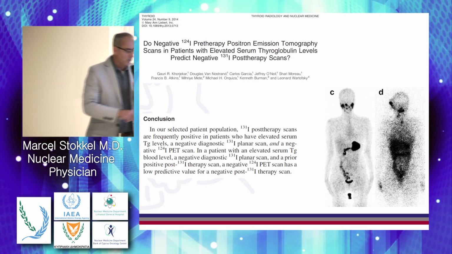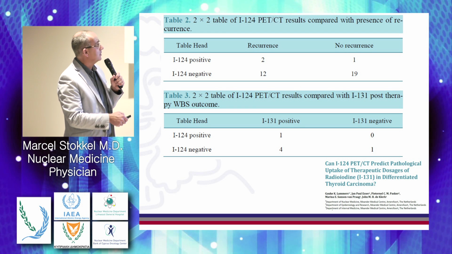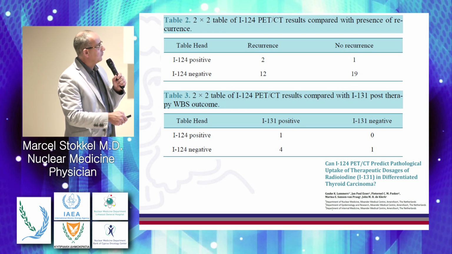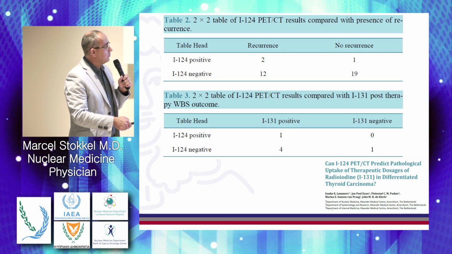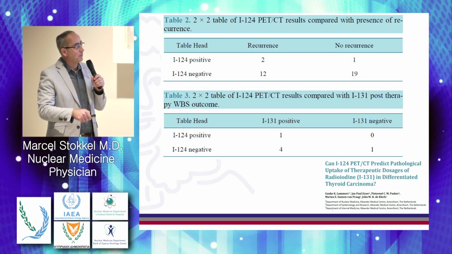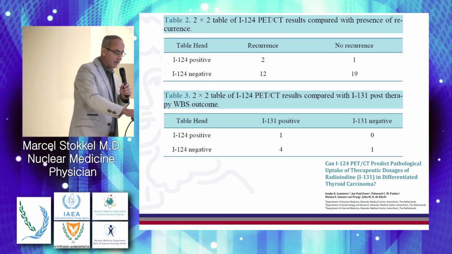Well, based on the data and literature, you can see here the 2x2 table. Of patients with recurrent disease, 12 out of 14 had a negative iodine 124 PET scan. And when you look at the differences between the post-treatment iodine 131 scan and the iodine 124 PET scan, you see that 4 out of 5 patients with a positive post-treatment scan had a negative iodine 124 PET scan.